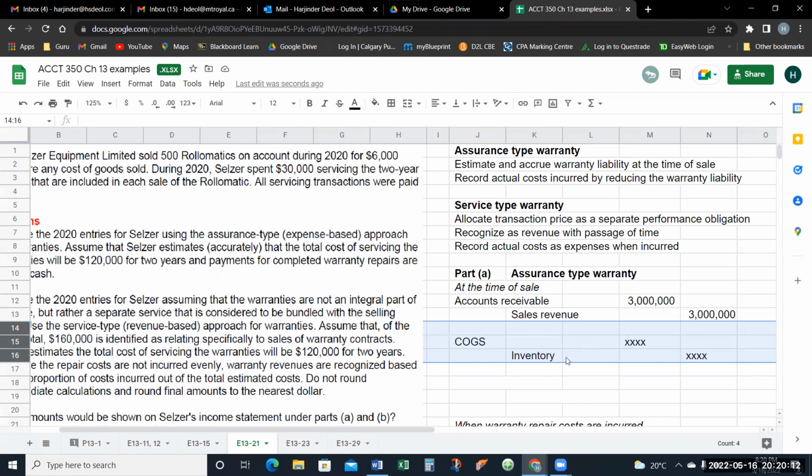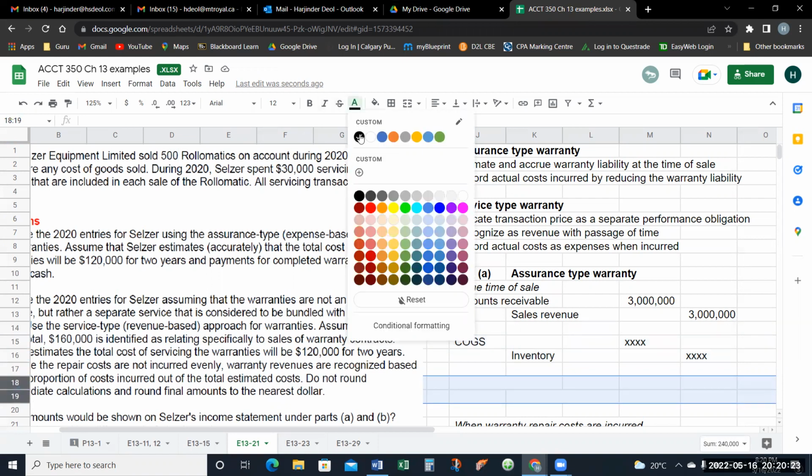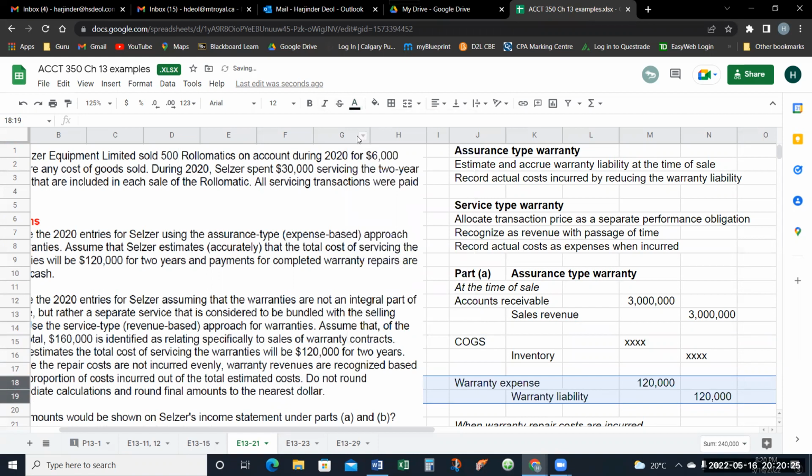And also at this time, because the company's estimated warranty liability is $120,000, you're going to record a warranty expense and credit warranty liability for $120,000. Now this happens at the time of sale.